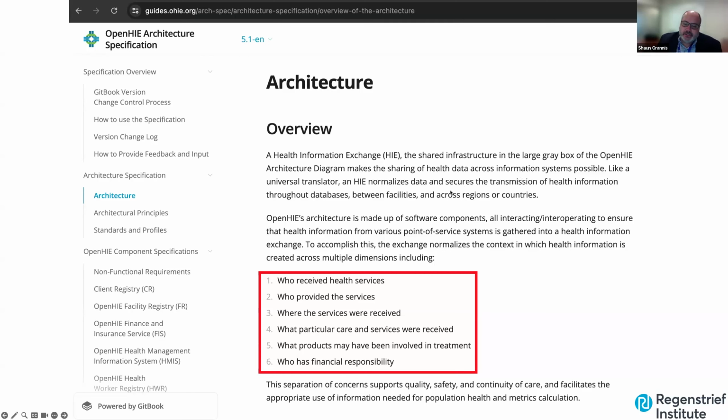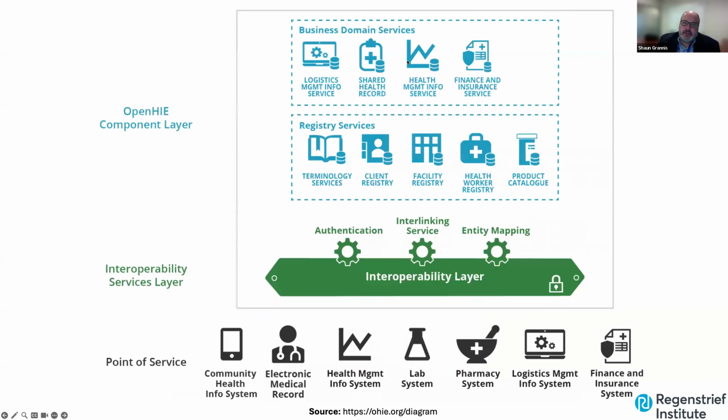What particular care and services were received, so those are the clinical observations, the clinical documentation, and that's standardized by the terminology service. What products may have been involved in treatment goes to the supply chain and inventory components, and then who has financial responsibility. All of these elements we try to capture within the architecture.